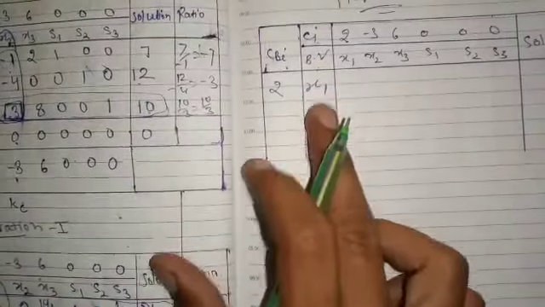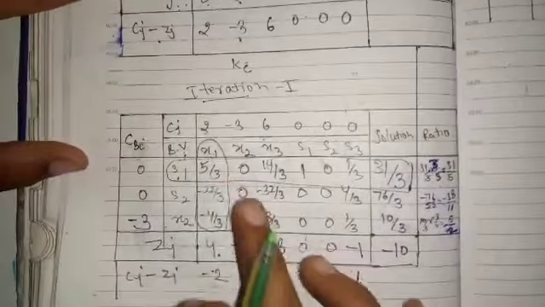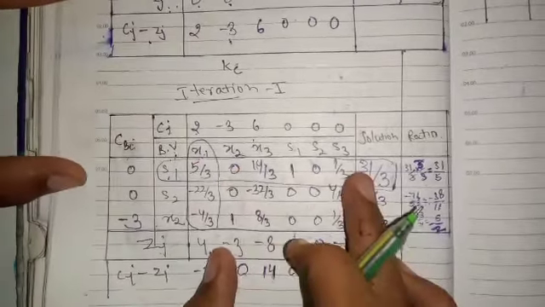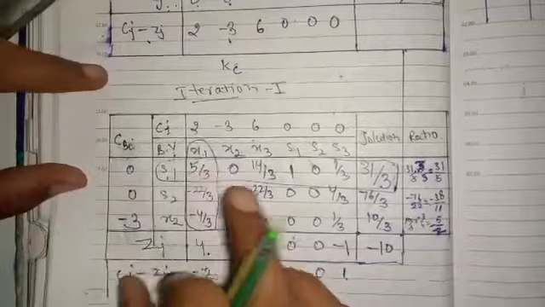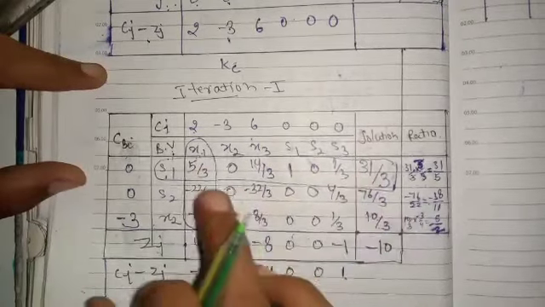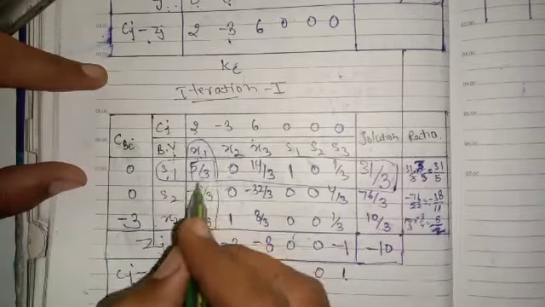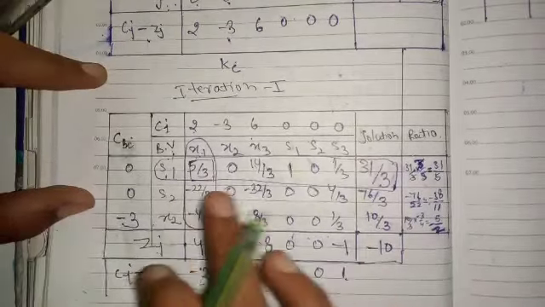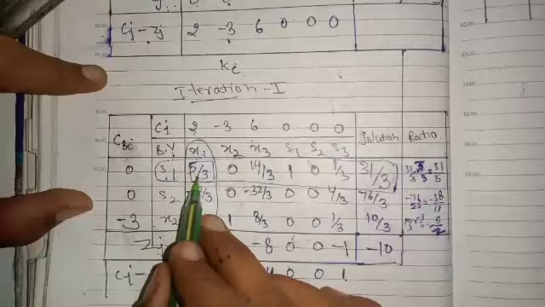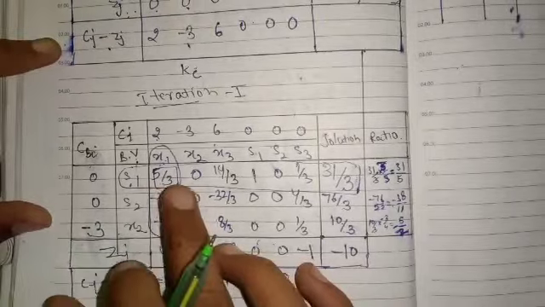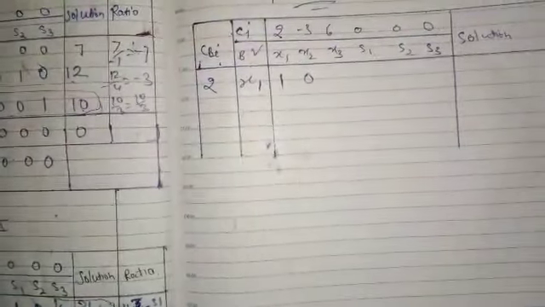So now find the values of this row: divide every element of this row by the key element. So 5/3 divided by 5/3 is 1, and all the elements are divided by 5/3, 0 divided by 5/3 is 0.